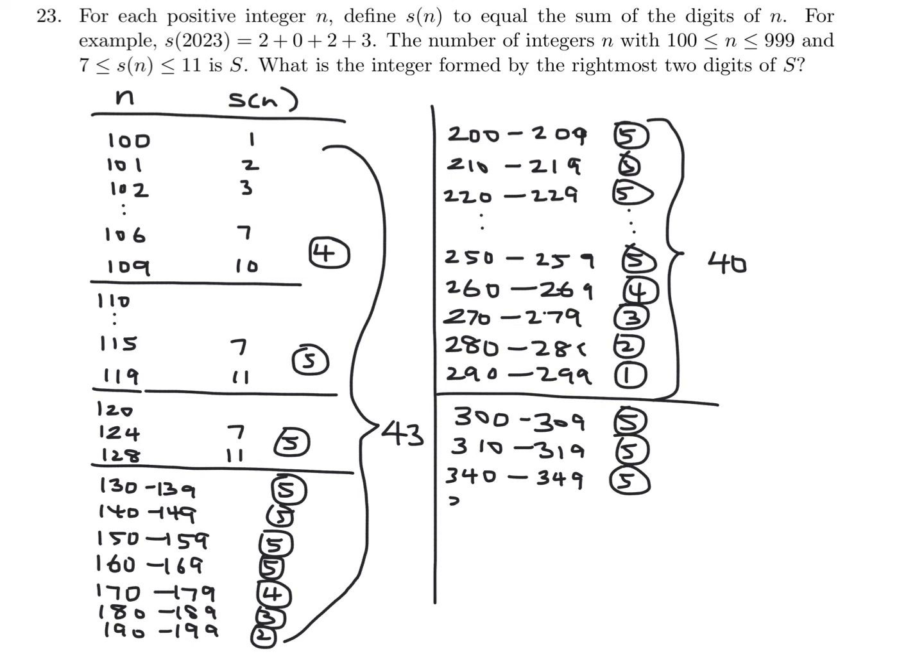And then starting with 350 to 359, you'll get 4 because 350, the sum of the digits is 8, so you don't get a 7. And then 360 onward is 3, 370 onward is 2, 380 onward is 1, and then 390 onward is 0 because 390 itself has a sum of 12. So this adds up to 10 plus 15.